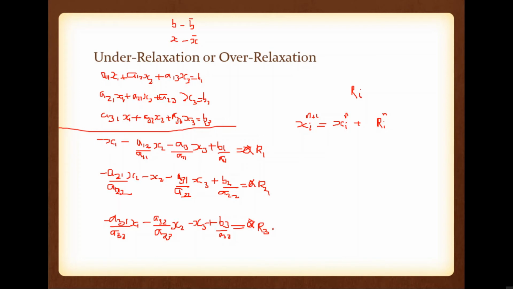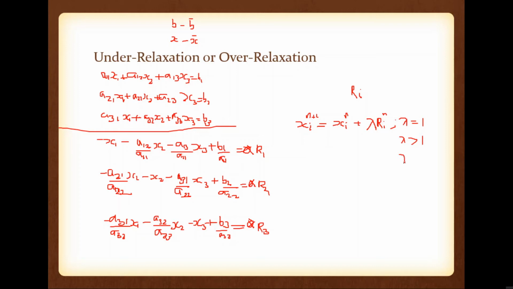Now here we have a different step. By using this Ri, we modify xi by xi n plus 1 equals xi n plus lambda into Ri, where if lambda equals 1, this is the normal relaxation that we discussed in the last class. If lambda is greater than 1, that is the over relaxation method.